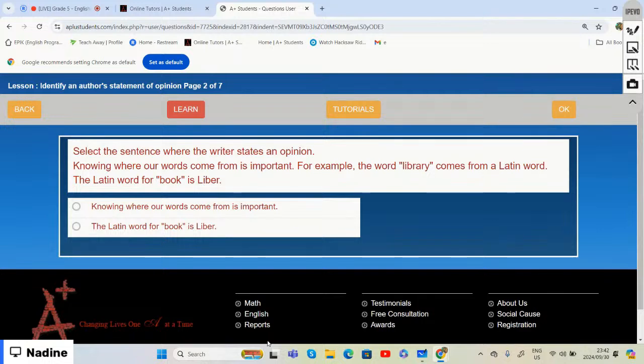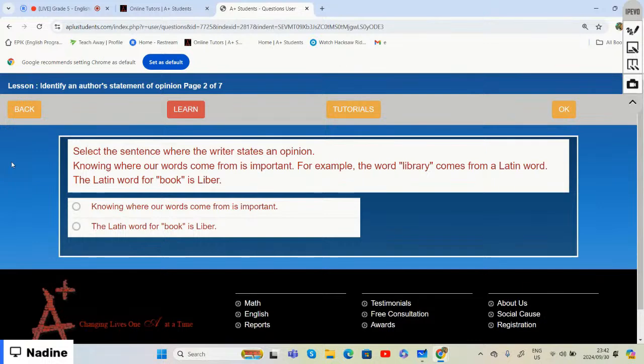The next one says, knowing where our words come from is important. For example, the word library comes from a Latin word. The Latin word for book is liber. So we now need to select the writer's opinion. Is it option one, knowing where words come from is important, or option two, the Latin word for book is liber?